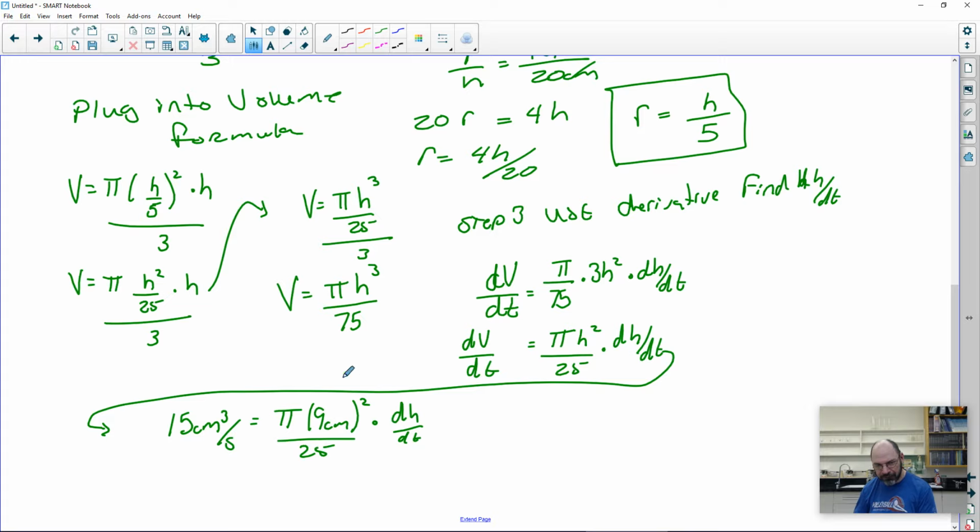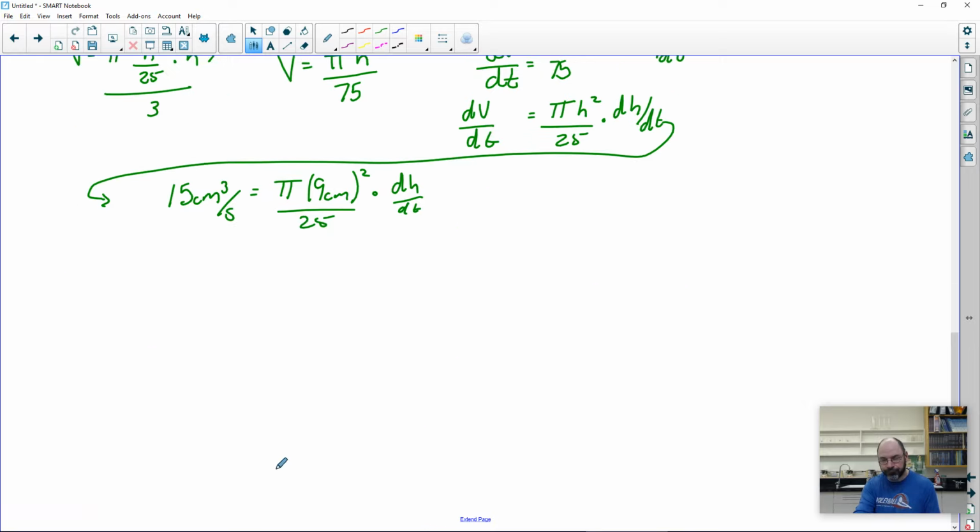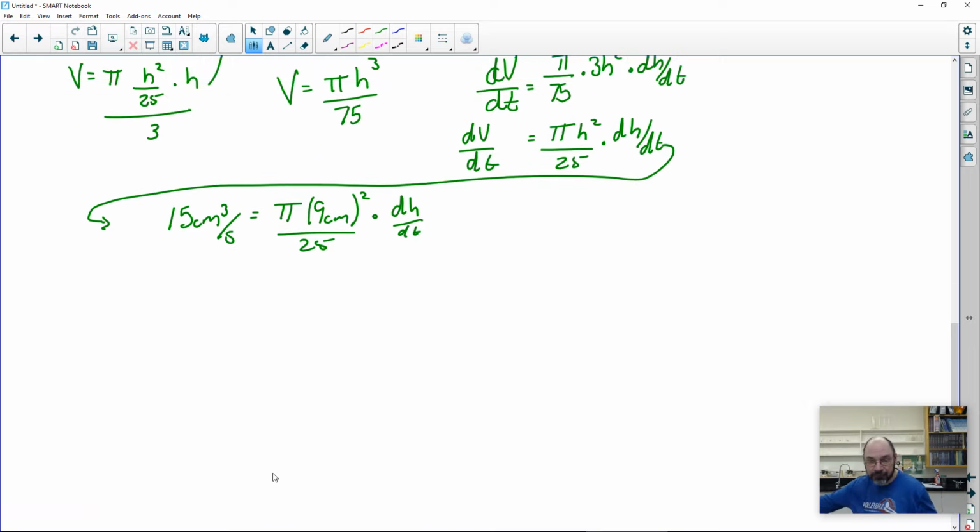Okay, so we have to reduce this number here so that we can divide it out on the other side. Okay, so let's take our calculators out. 81 pi divided by 25.